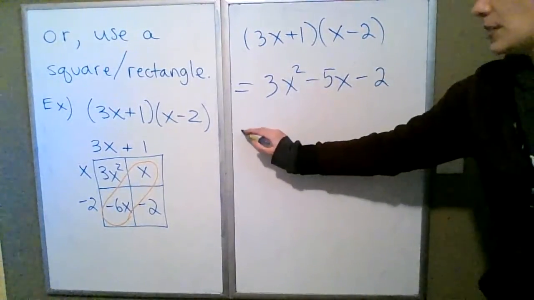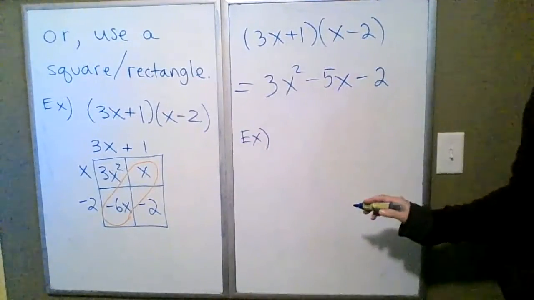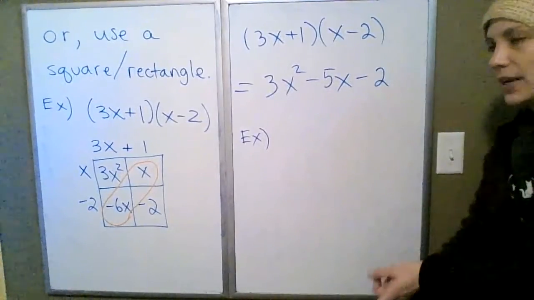Okay. We're going to do some more problems that you could use FOIL on, but instead we're going to use a square. And then I will try just one problem where we'll need a rectangle.